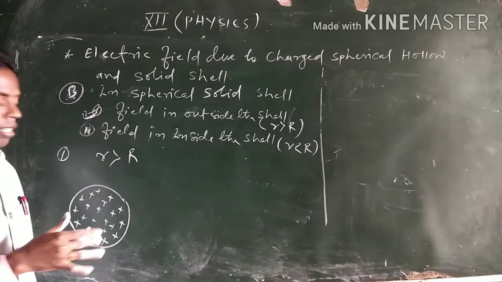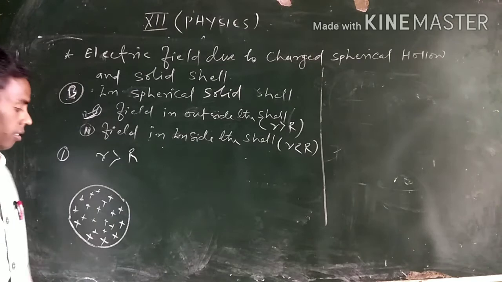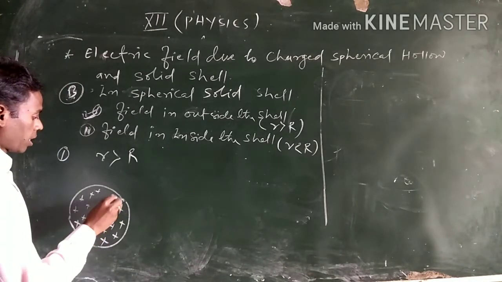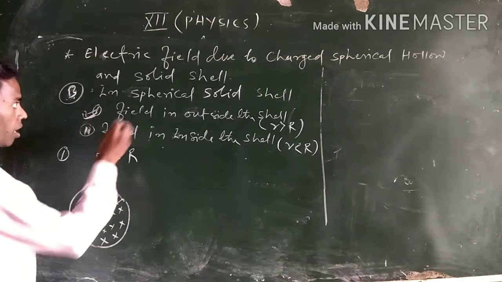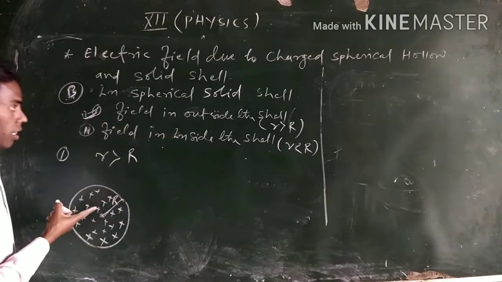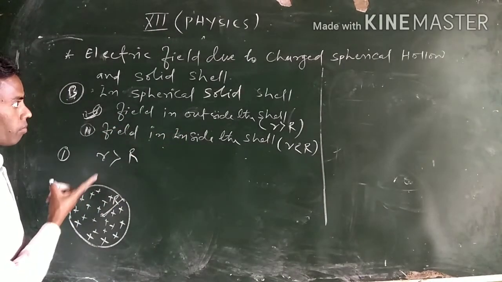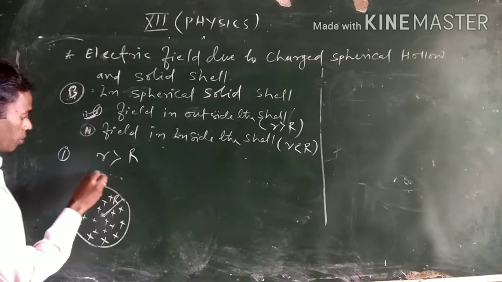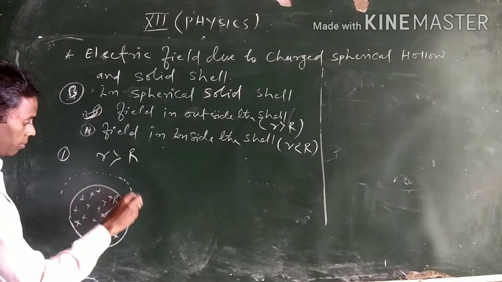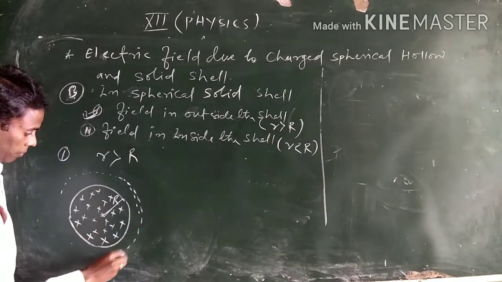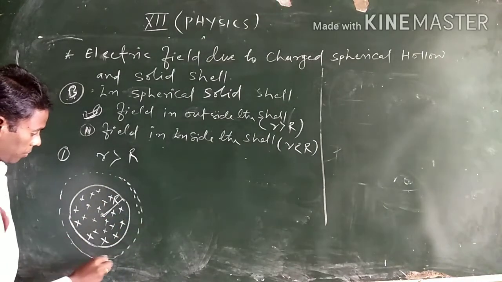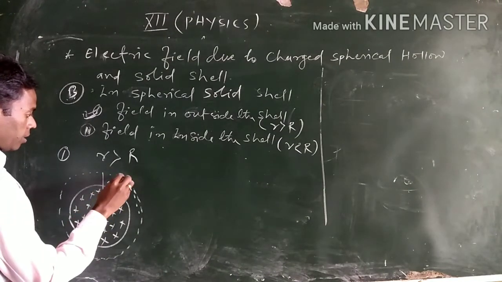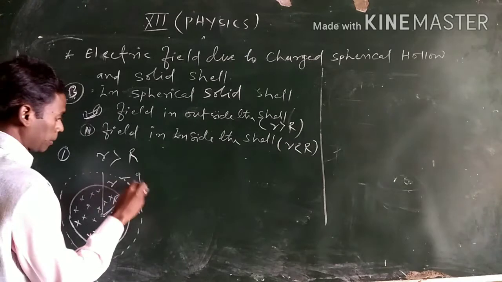Suppose this is the radius, capital R. We want the field from outside, so suppose the field is here, then we have to take a Gaussian surface, this one, with radius small r.